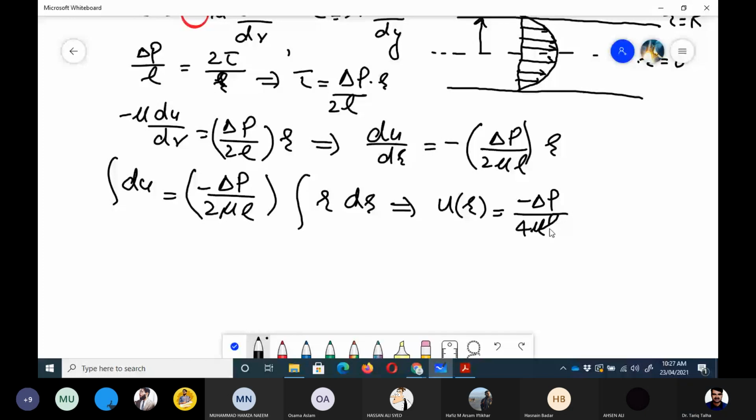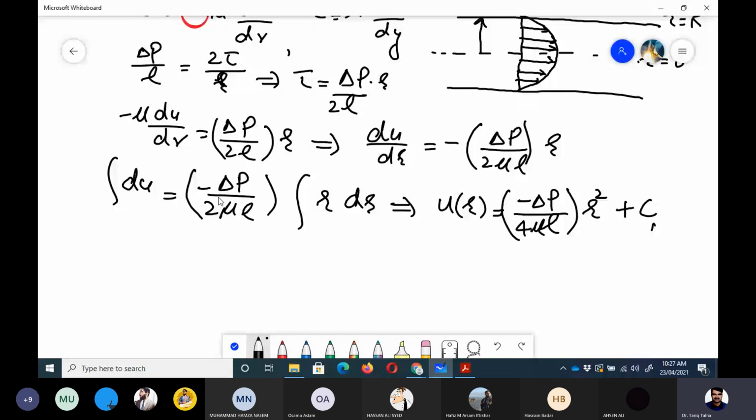r square plus C1. It tells us that this velocity profile is a quadratic function, because we know that in fully developed laminar pipe flow, the velocity profile is always parabolic, which is a type of quadratic function.